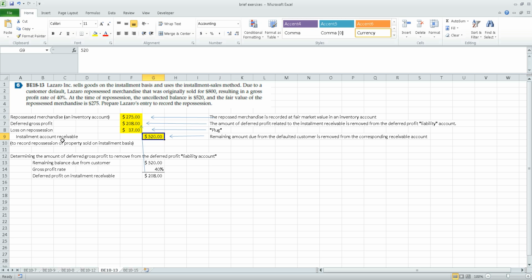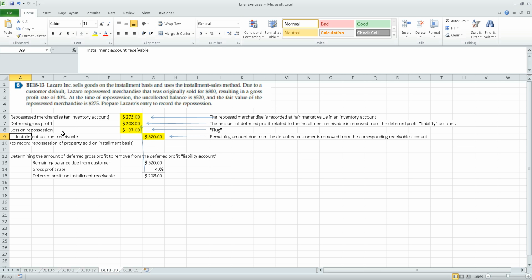We're going to remove from the installment account receivable the balance that is due us from the customer that defaulted. In this case, the remaining amount due from this customer was $520. So we're going to remove that balance from the installment account receivable account by crediting that account $520.